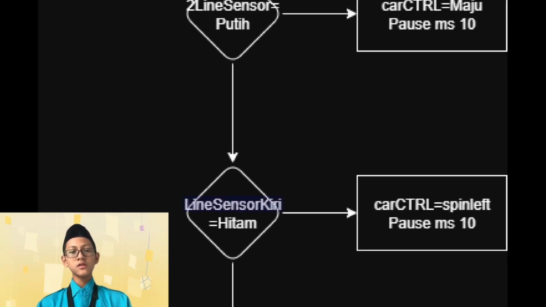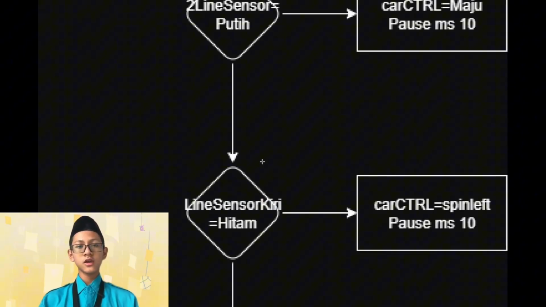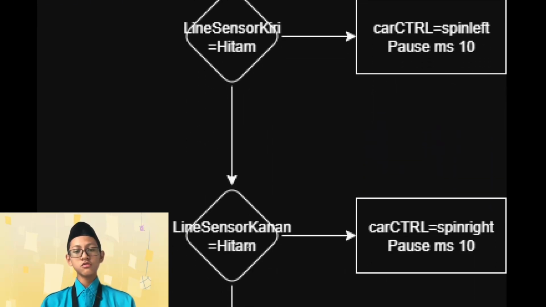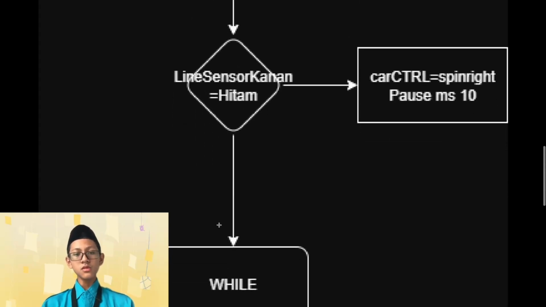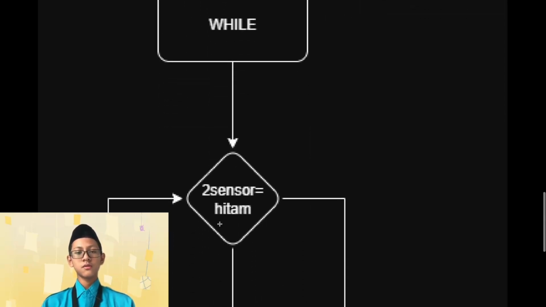And then when the left sensor detects that the path is black, then it's gonna move left. So the car control will spin left and pause for 10 milliseconds. The same goes for the right: car control spin right, and then pause for 10 milliseconds. And then this is the while.